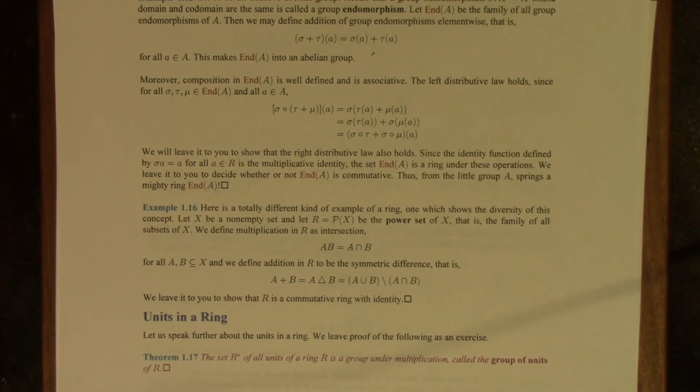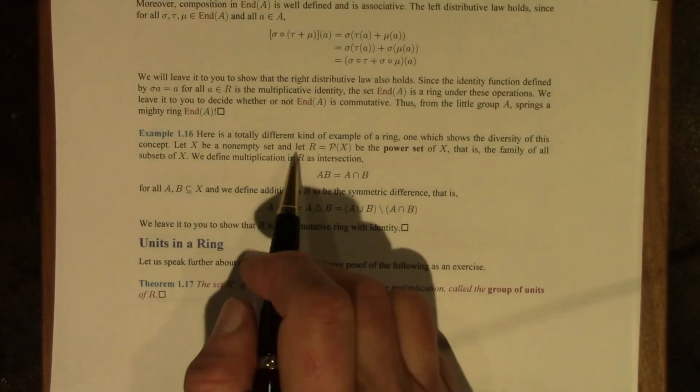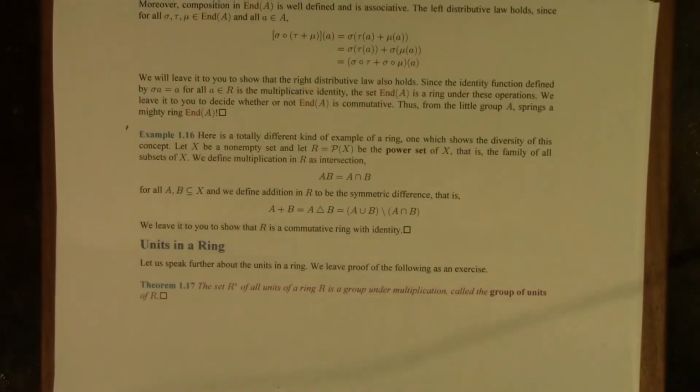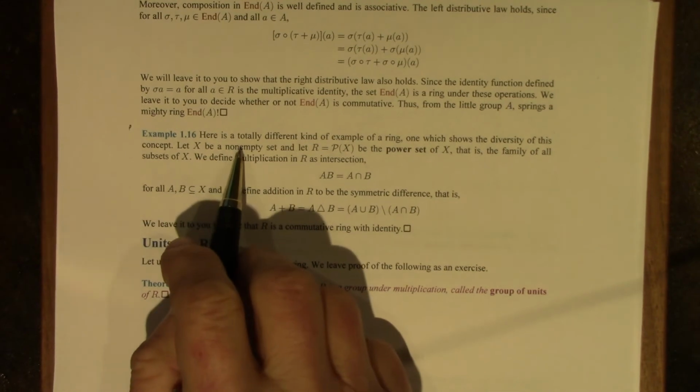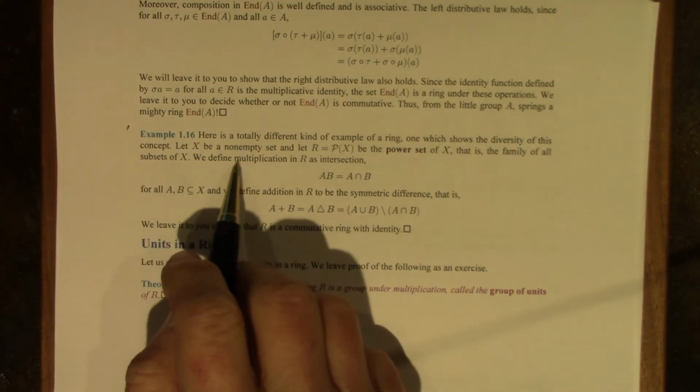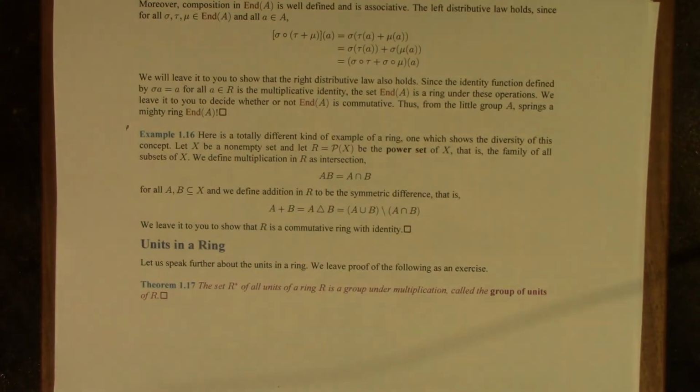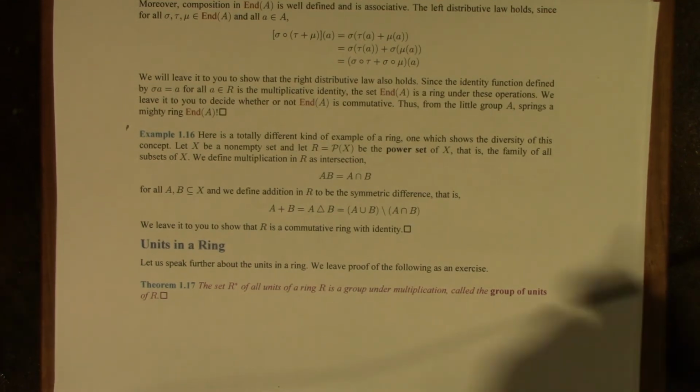So from a simple little abelian group A, we get a ring End(A). Finally, as a final example, it's a little different from what we've seen so far and shows the diversity of the notion of a ring.